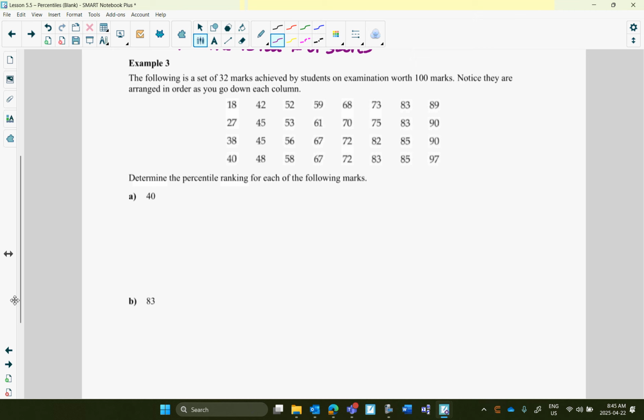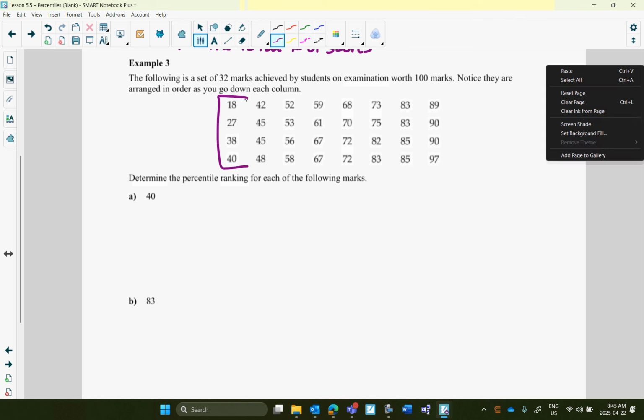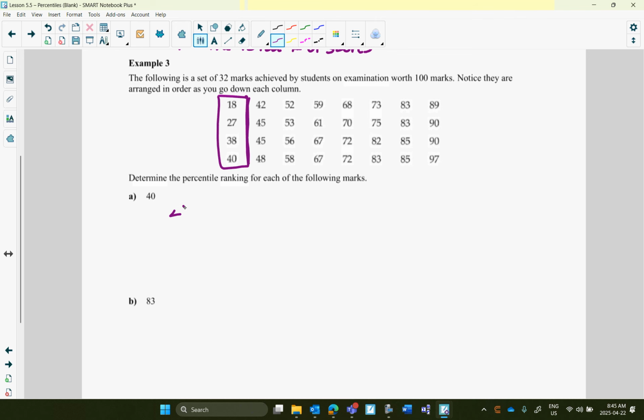4, out of how many total? 32. And then we would convert that to a percent, and that would be our percentile. Oh, sorry, I'll do times 100 equals, and that will give you 12.5.